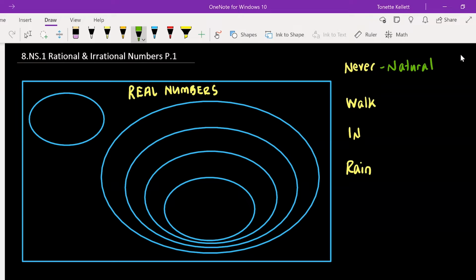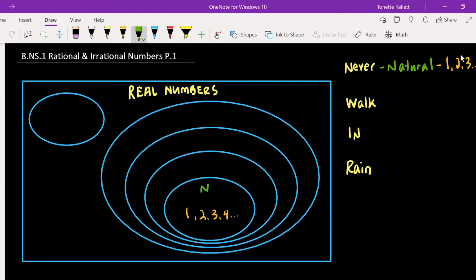And natural are these that go right here. So I'm going to put an N in this box. That smallest box are the natural numbers. An example of natural numbers, they start with the number 1, 2, 3, and they go on forever. So I'm going to put 1, 2, 3 in that box.